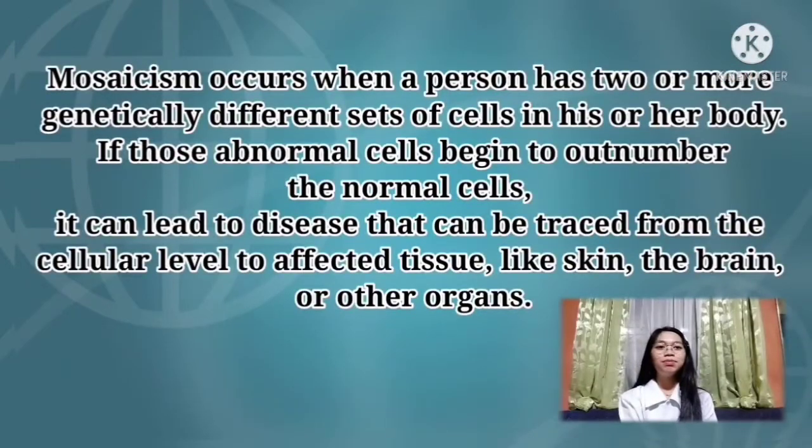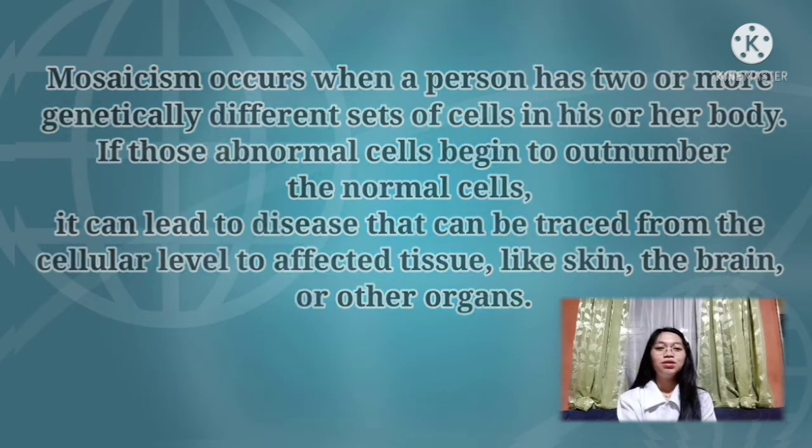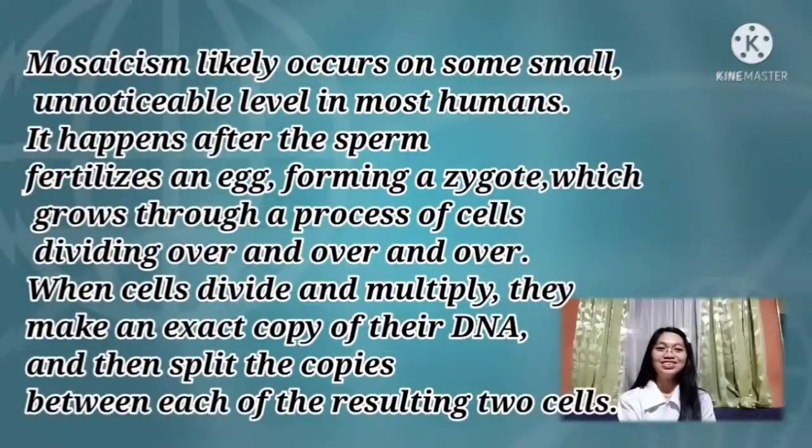Mosaicism occurs when a person has two or more genetically different sets of cells in his or her body. If those abnormal cells begin to outnumber the normal cells, it can lead to disease that can be traced from the cellular level to affected tissue, like the skin, the brain, or other organs. Mosaicism likely occurs on some small, unnoticeable level in most humans.